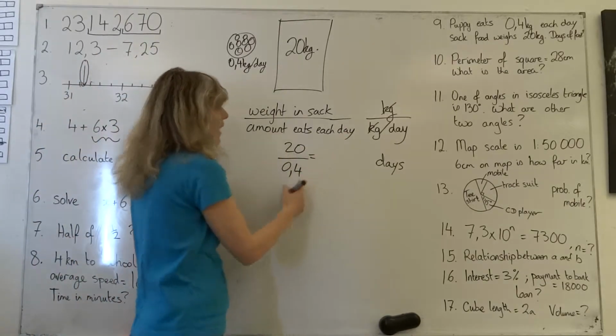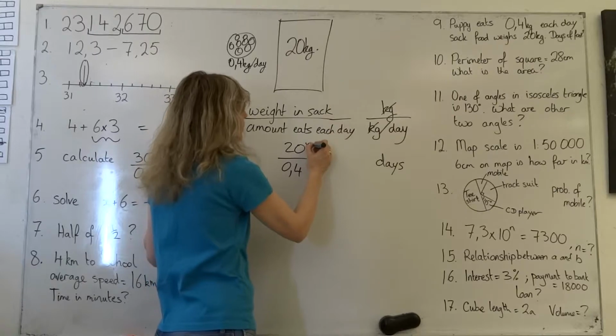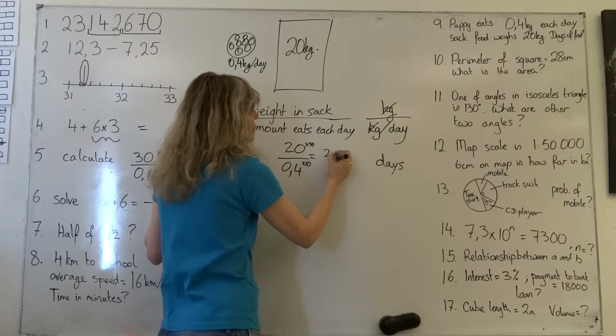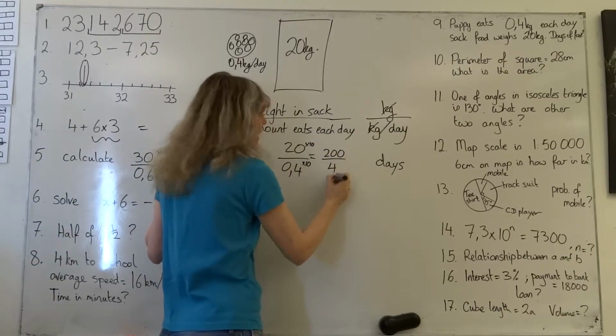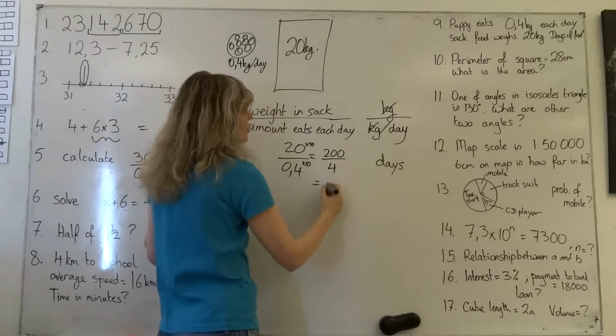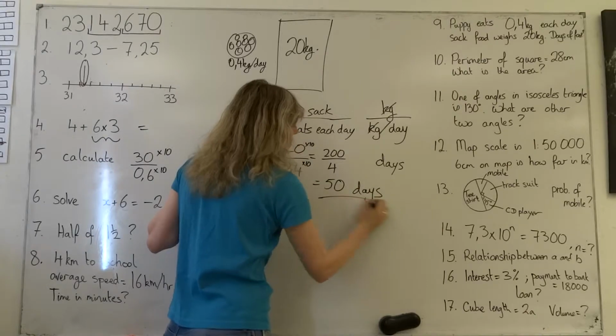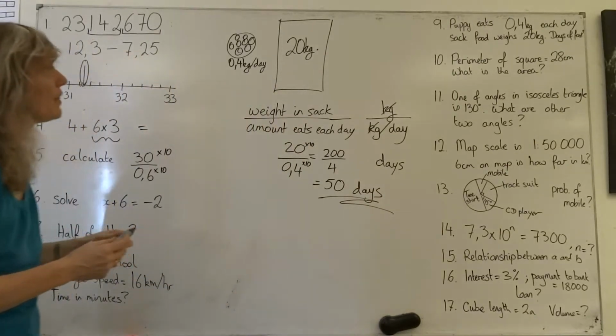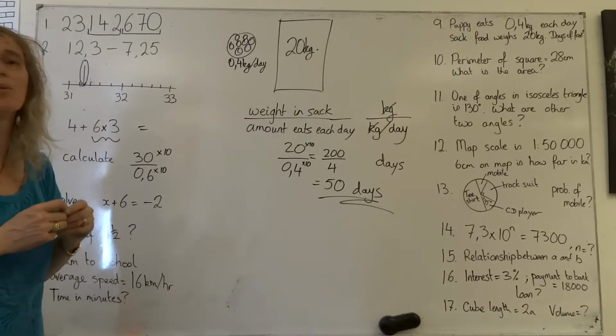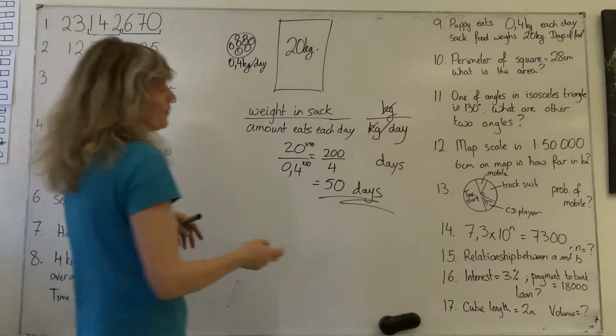We can't divide when we have a decimal on the bottom, so we have to multiply top and bottom by 10. So we get 200 divided by 4. 4 goes into 200 50 times, so we get quite simply that the sack of food will last 50 days for the puppy.